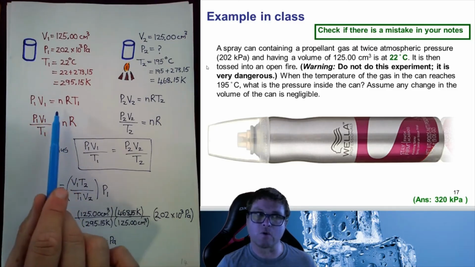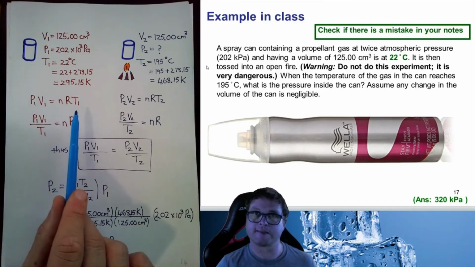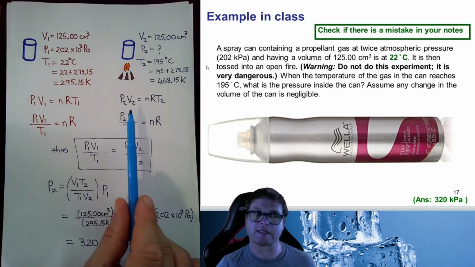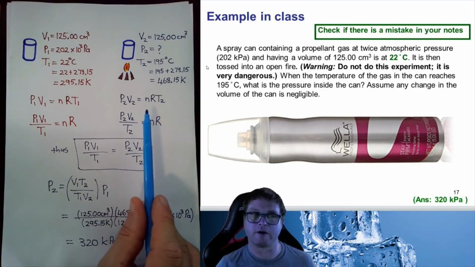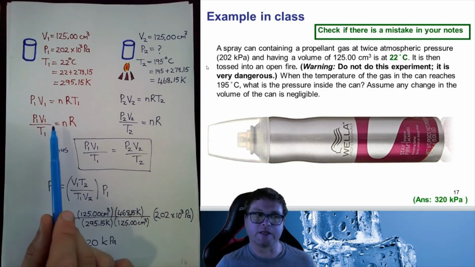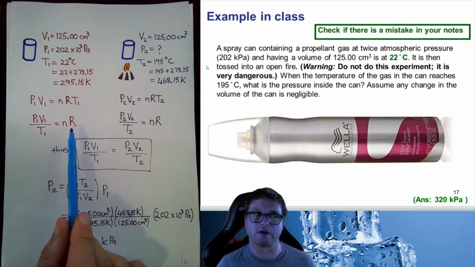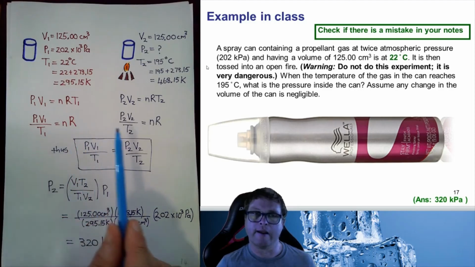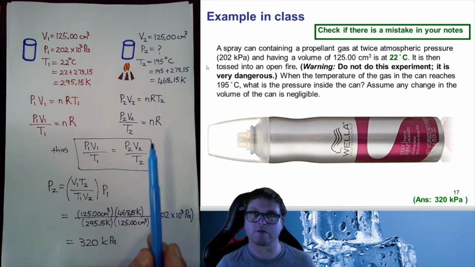This gas law applies for both cases. If this is case 1, we have P1V1 equals nRT1. If this is case 2, we have P2V2 equals nRT2. We can rearrange, and then you can see that P1V1 over T1 equals nR, and similarly P2V2 over T2 is also equal to nR.